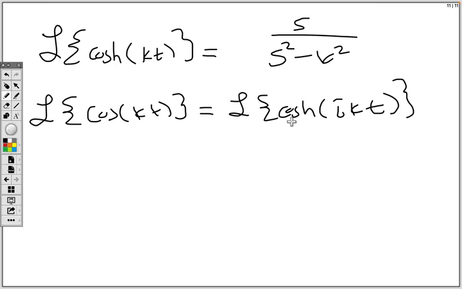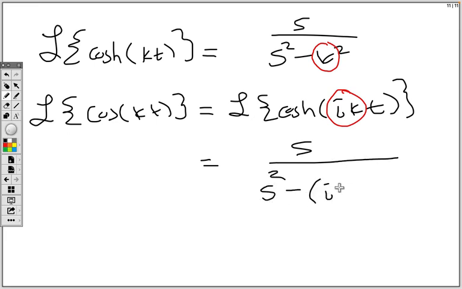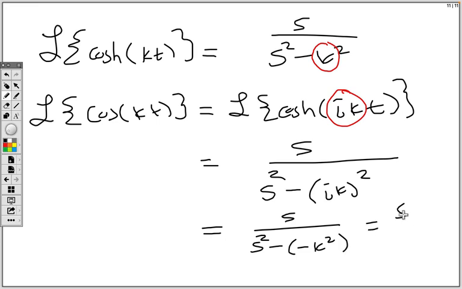So all we got to do is everywhere we see a k in this formulation, I'm just going to replace it with i times k. i squared is -1, so we get s squared minus a negative k squared, so that's s over s squared plus k squared.